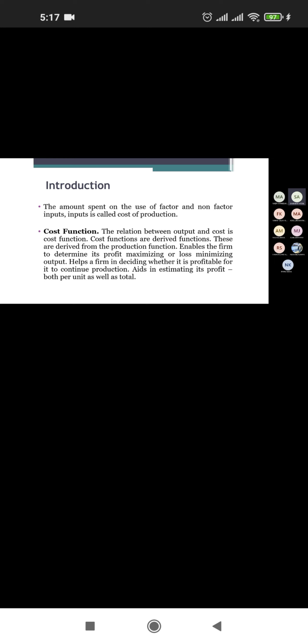These are the inputs and factors of production whose cost rises if we increase the rent taken on the land, the labor wage rate, or the capital interest rate.